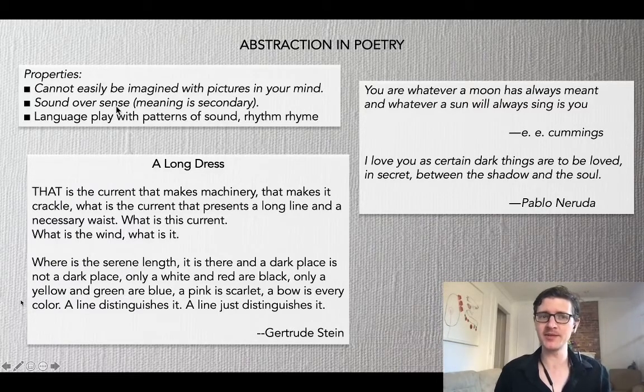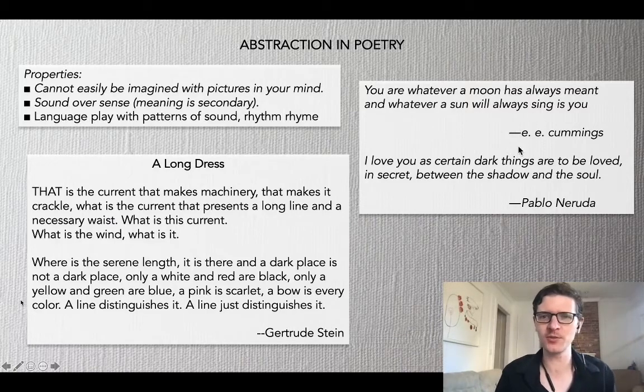And by sense, I mean meaning, right? Does it make sense? A lot of abstraction in poetry is like, it doesn't really make sense, but it sounds good. Or the meaning will be secondary. The sound will be more important, but it'll still have meaning. It's just secondary. And so we'll have language play with patterns of sound, rhythm, and rhyme.